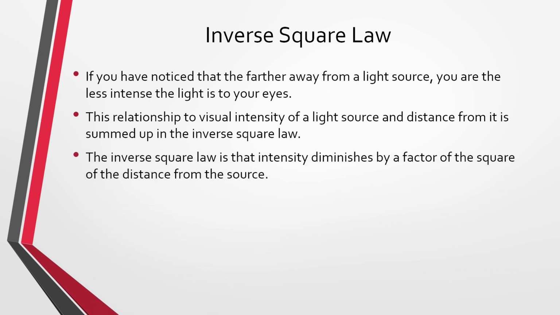The inverse square law is that intensity diminishes by a factor of the square of the distance from the source. This is true of X-rays, and the equation is seen below. Intensity varies with the inverse of the square of the distance away from the source.